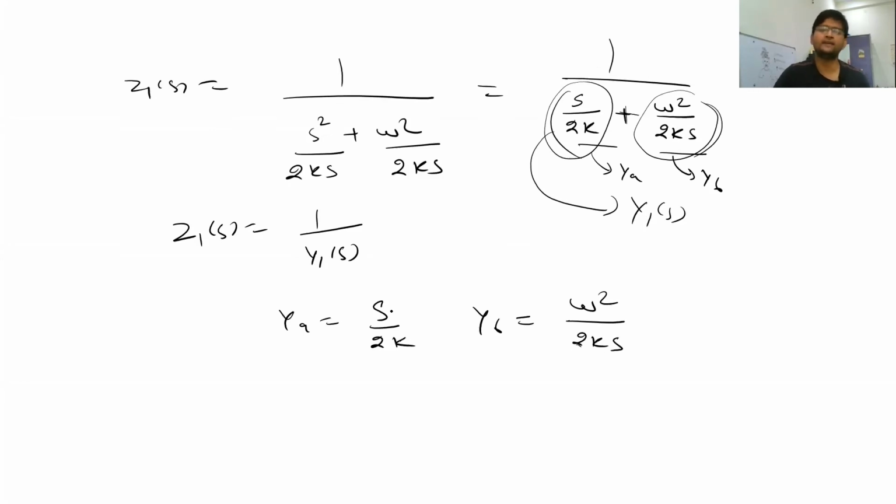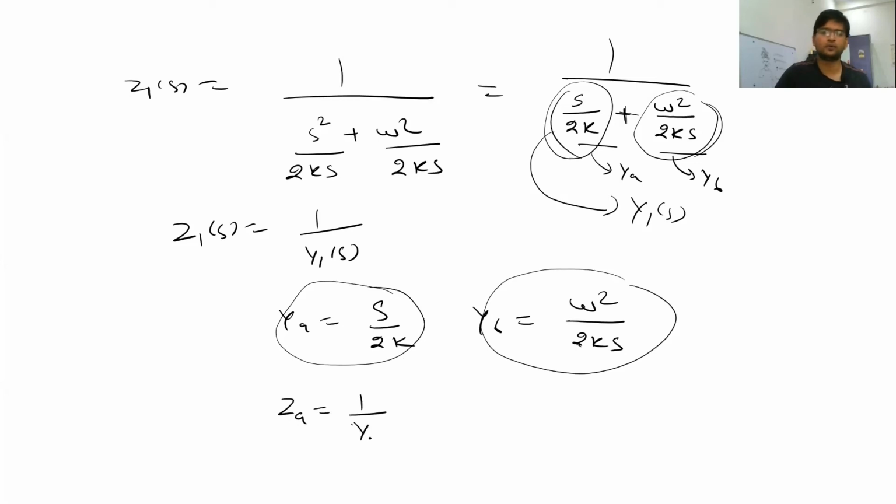So if YA is S upon 2K and YB is omega square upon 2Ks, what are the physical components that these two admittances will be representing? Let me call ZA. ZA will be the reciprocal of YA, which is 2K upon S, which can also be written as 1 upon 2K into S. So it is basically a capacitor whose value is 1 upon 2K.